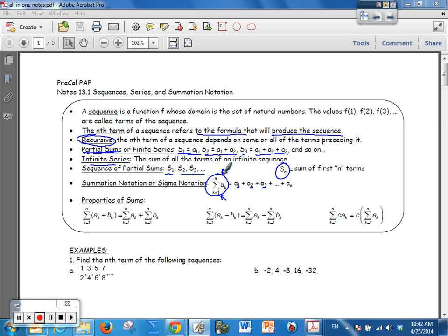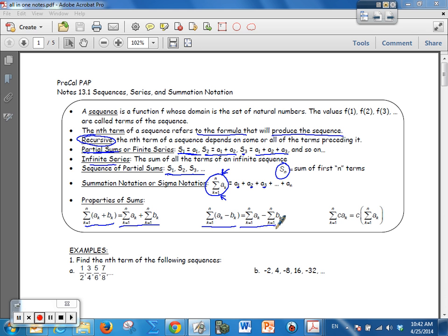So let's look at some properties of sums. If you have something that's fairly complex and you have the need to break it apart, you are allowed to. There is a property that allows us to break the sums into two different pieces. Sometimes that's helpful to you, if you have something particularly difficult. Same thing with subtraction. You are allowed to break the sums with subtraction.